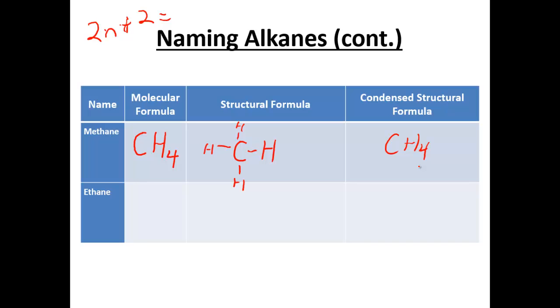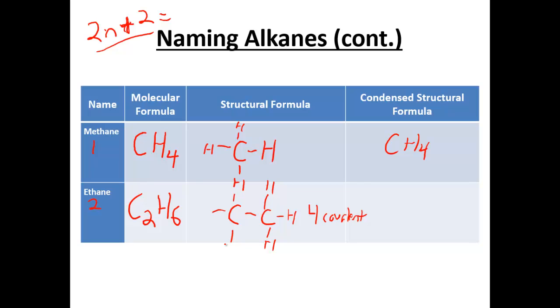Now ethane, 2 carbons for ethane, 1 carbon for methane. So 2 times 2 is 4, plus 2 is 6. So 2 carbons, 6 hydrogens from that equation up above. Now for our structural formula, we have 1 carbon bonded to a second carbon, and remember we must have a total of 4 covalent bonds to each carbon.